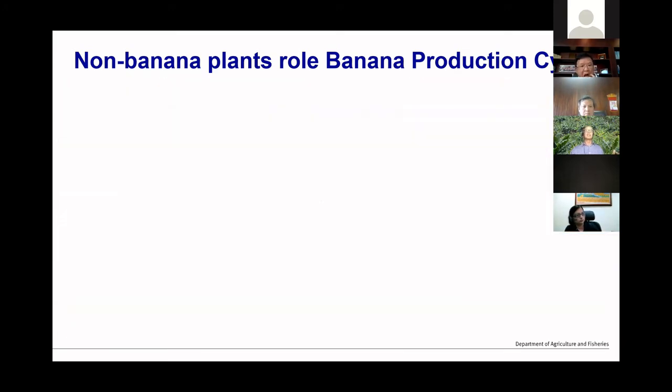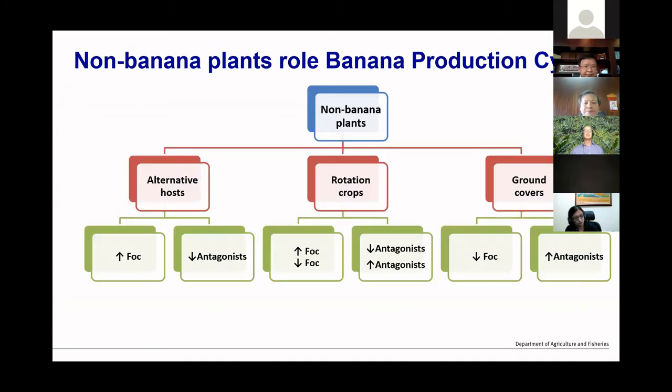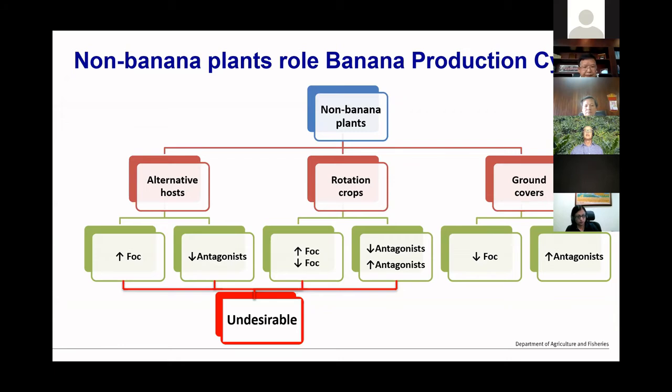Another way we've been looking at this is through a conceptual structural model. If we have our non-banana plants, they can be alternative hosts, rotation crops, or ground covers. And in these roles, they can either increase FOC or decrease antagonistic organisms, such as alternative hosts and some rotation crops that can carry the disease through to the next crop, making them undesirable.